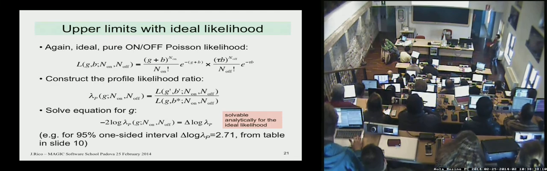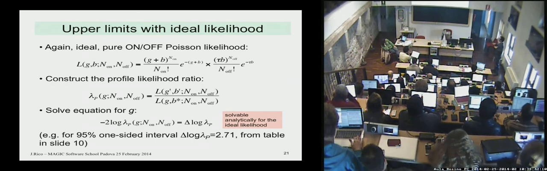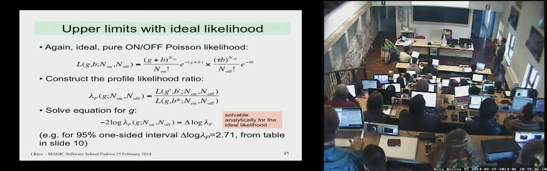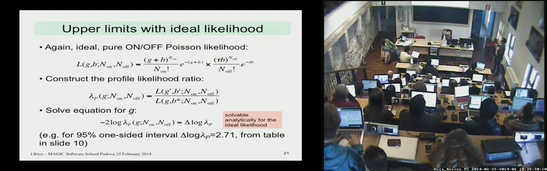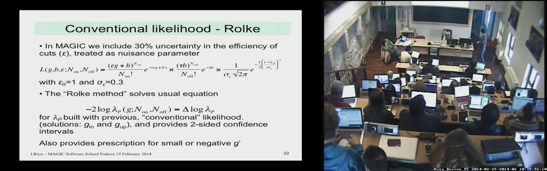So if you know the confidence level, you can go to the tables and find your delta log. You plug it into this equation, and then you can find the values of G that solve the equation, and this provides you with your interval.